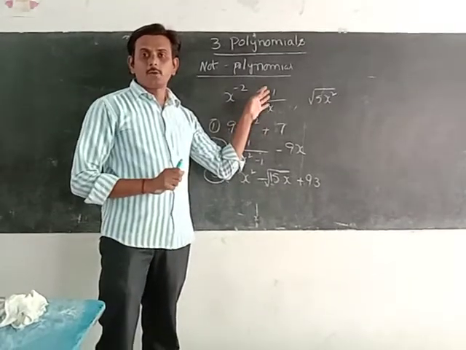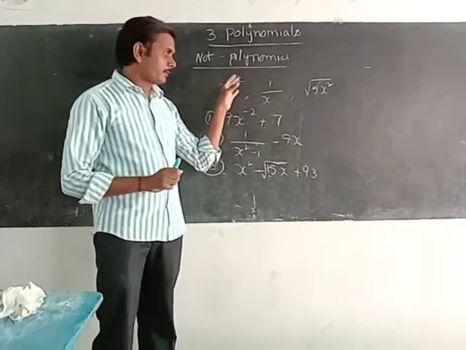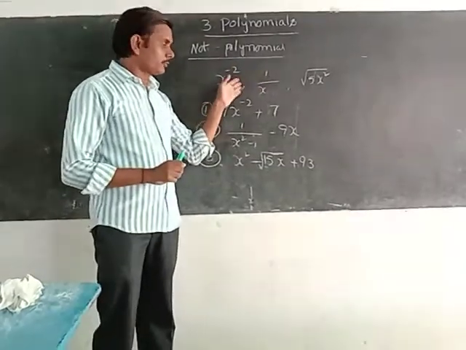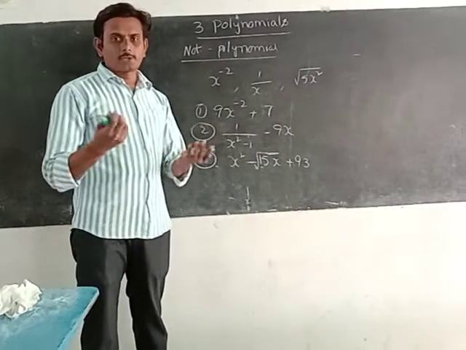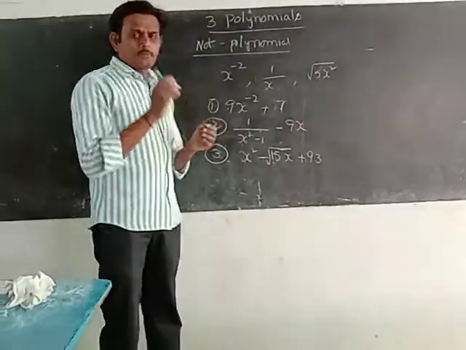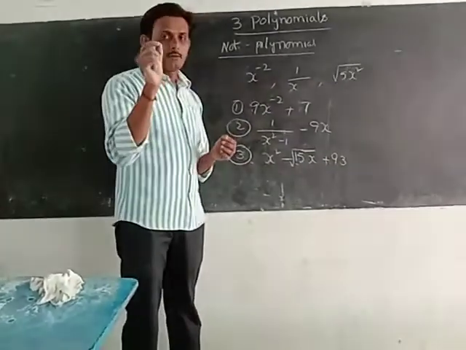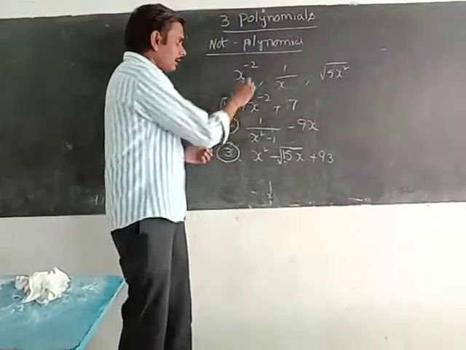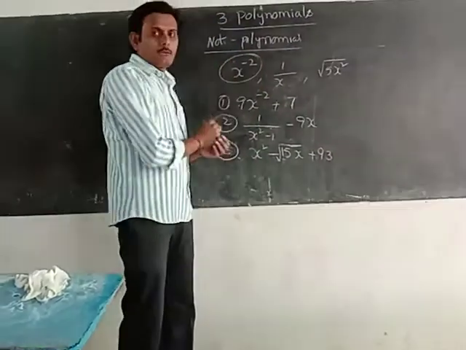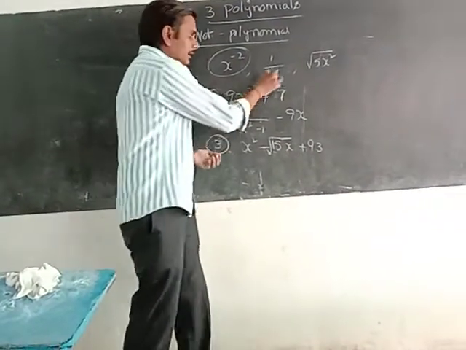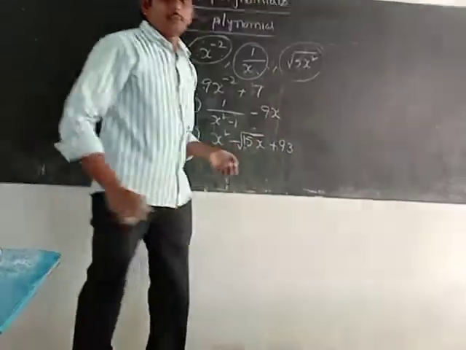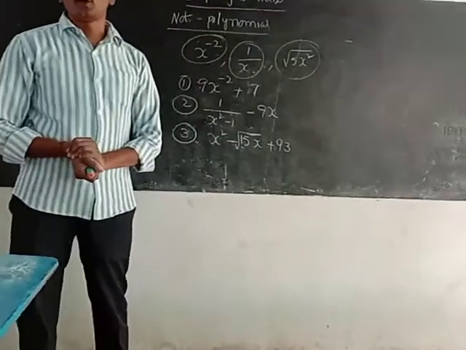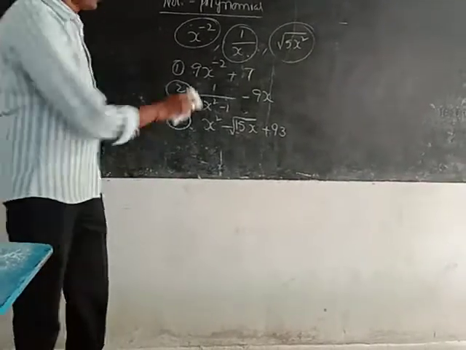From the exam point of view also, 1 mark and half mark questions may be asked to write an example for a not a polynomial. Whenever that question is asked, immediately remember: a negative integral power, a variable with a negative power, a variable in the denominator, or a variable under the root. Then that expression is not a polynomial.